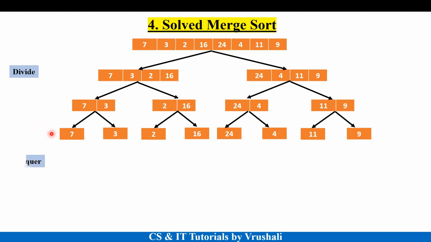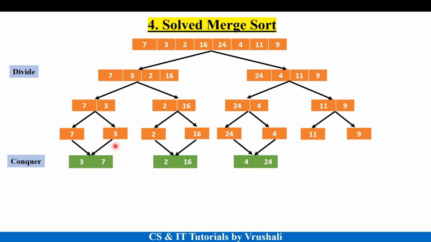Now after that you have to perform the conquer operation, which means the merge operation. You have to merge all the data and also sort the data in ascending order. How? See. First you merge these two fields and after merging you sort it, like 3 and 7. Again merge these two, 2 and 16.